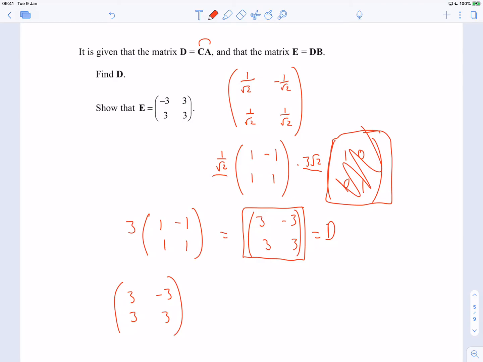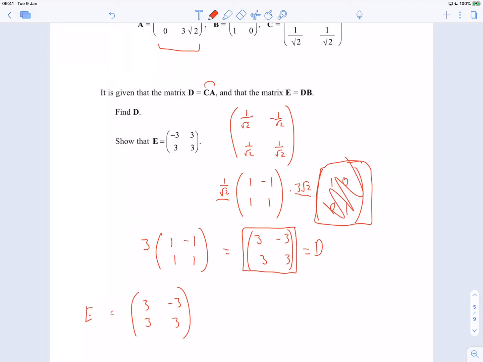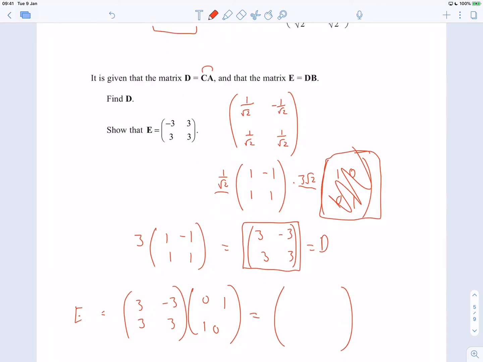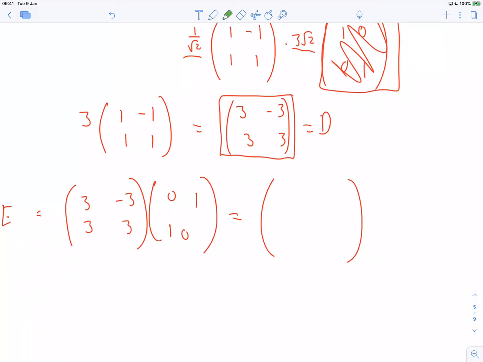And just to find out what E is, that's D, and then B comes in from the right, which is 0, 1, 1, 0. First row, first column, so 3 times 0 plus minus 3 times 1, that's going to be a minus 3. First row, second column, that's going to be 3 times 1, that's going to be a 3.